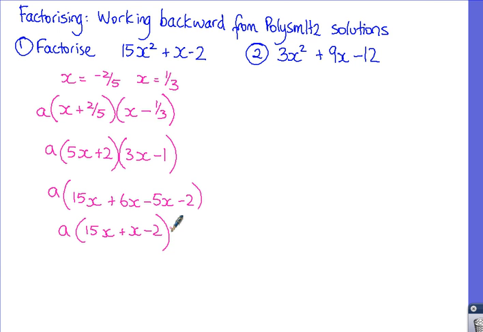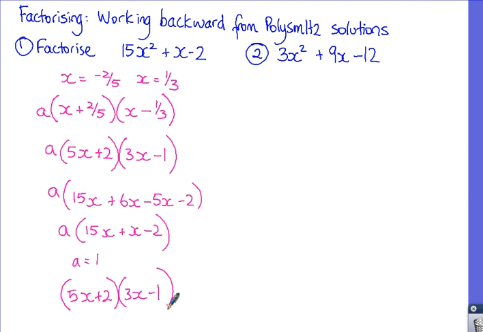Now I compare that to my original, and I can see that in the brackets it's exactly the same. So a is just equal to 1. So my solution, remember I'm trying to find the factors here, is 5x plus 2 times 3x minus 1. Okay, and there are my answers.